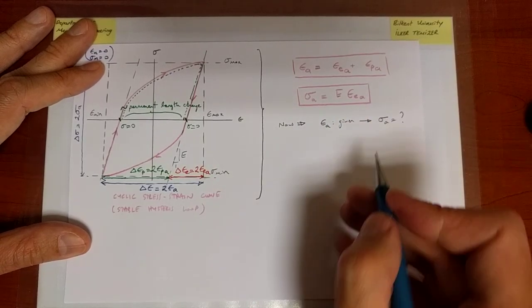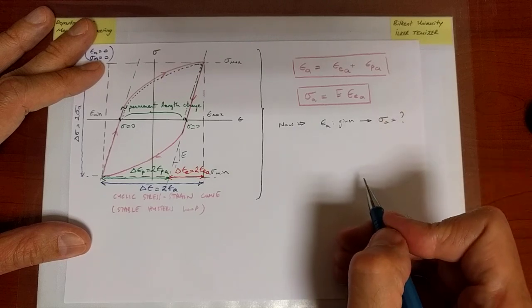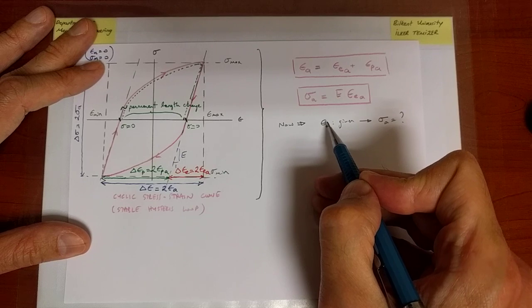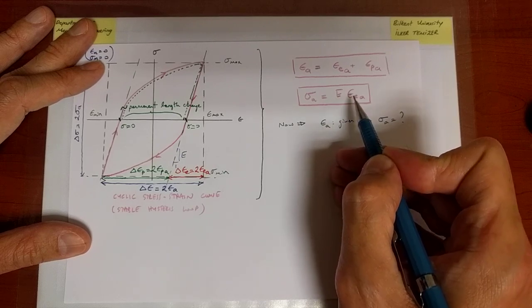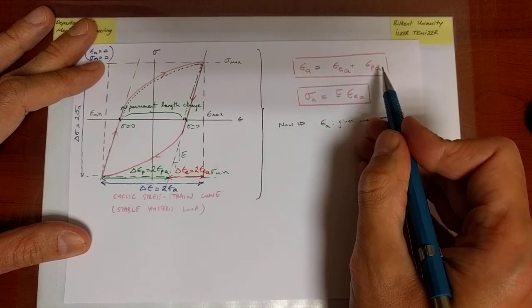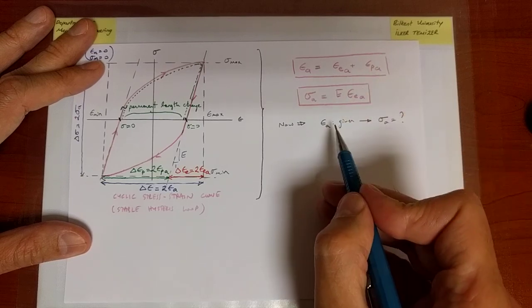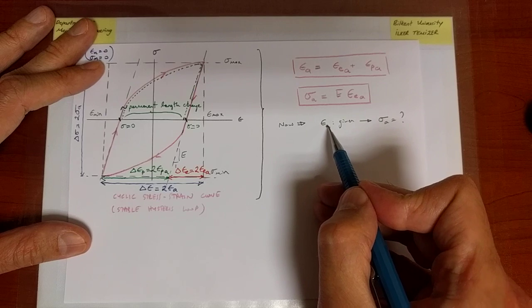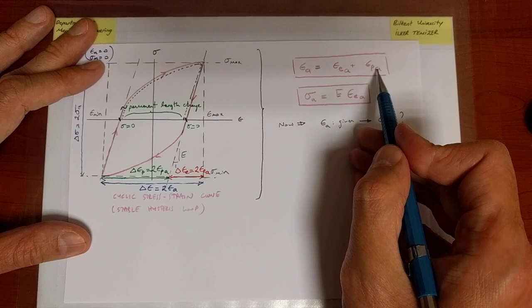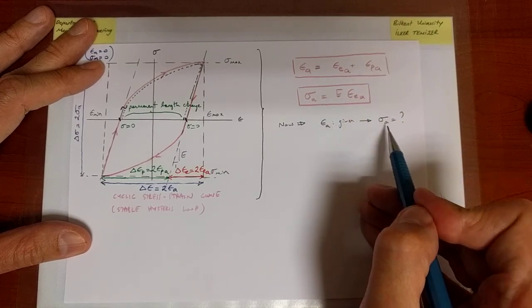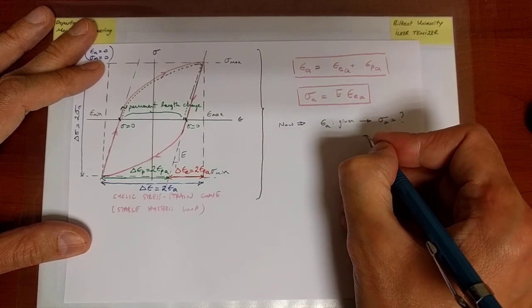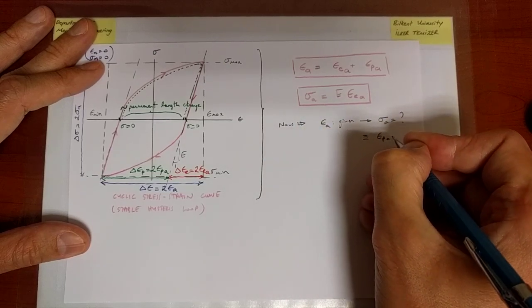Now, if I'd like to calculate sigma A, I know that it is E times the elastic portion of the strain amplitude, but the elastic portion is the total strain minus the plastic portion. So if I'd like to answer the question, what is the stress amplitude for a given strain amplitude? In order to answer that question, I need to know the plastic portion of the strain amplitude because I need the elastic portion to calculate the stress. So this question is equivalent to what is epsilon PA?